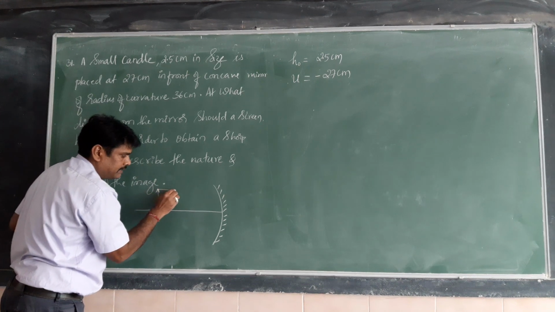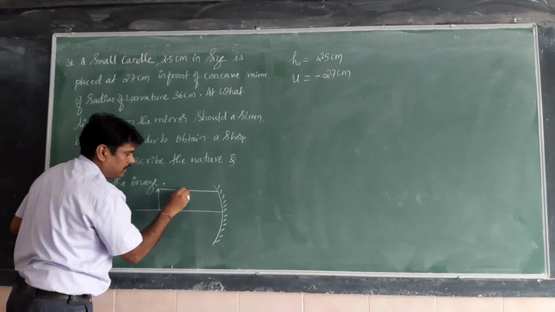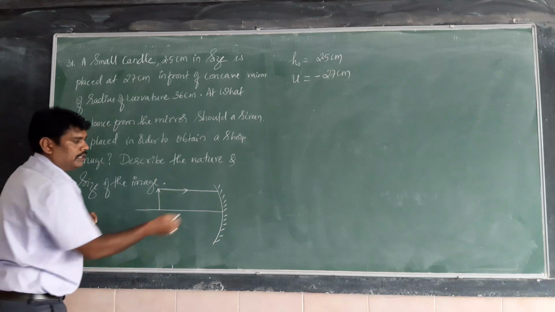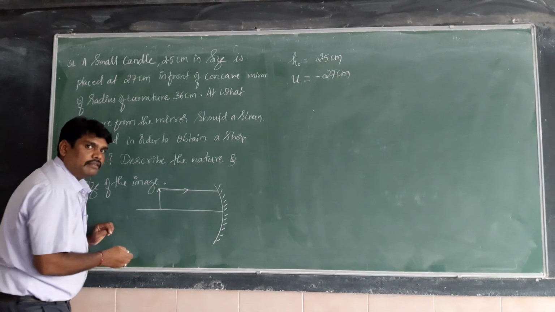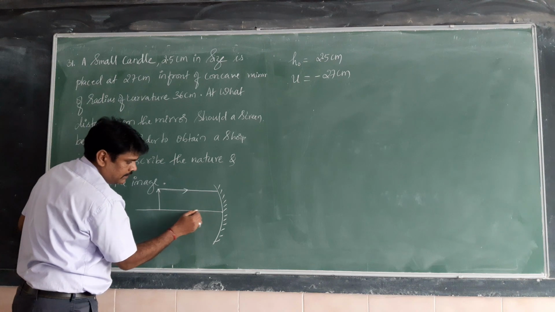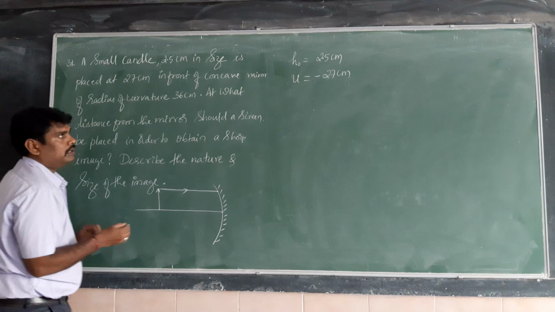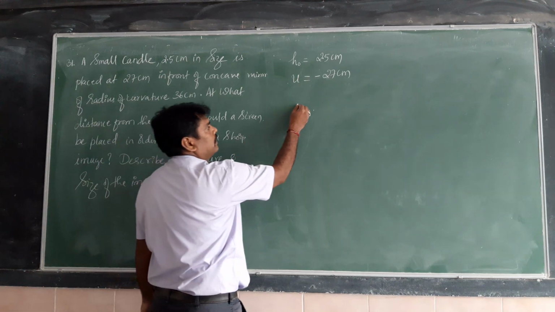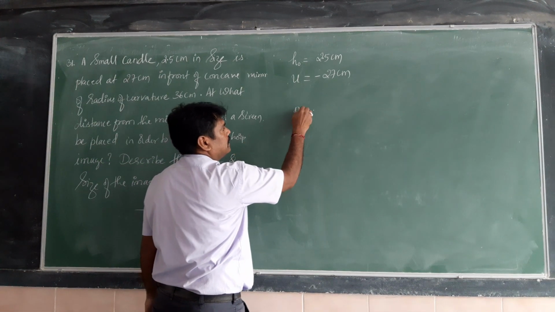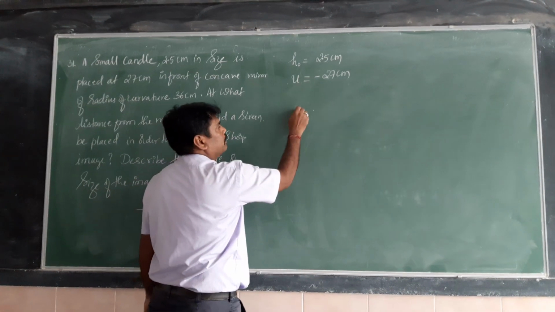Now this is the incident ray, how to draw the ray diagram. If a ray is parallel to the principal axis, it exactly converges through the principal focus. So the principal focus, say it is the center of curvature and principal focus. You know that in a mirror there is a formula. Radius of curvature is equal to 2 times the principal focus.